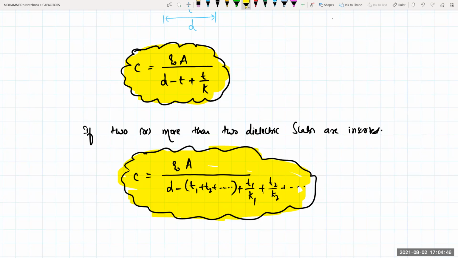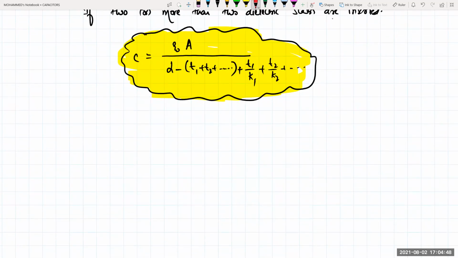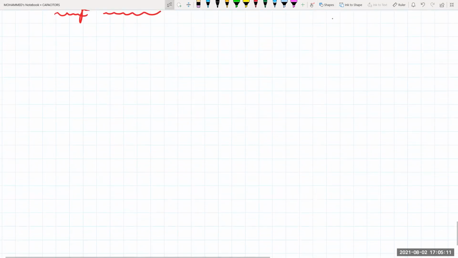I already told you about charge distribution. If I'm talking about charge distribution on plates, I'll just roughly give you an idea. Like, for example, these are the plates I'm taking right now.